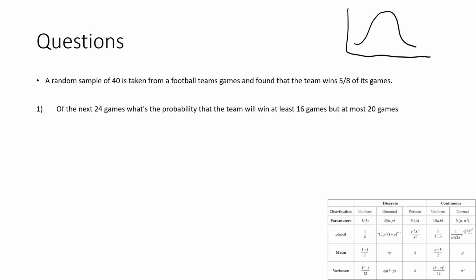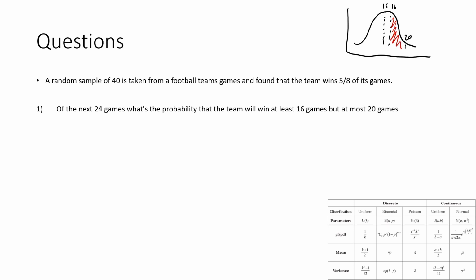So the team wins 5 out of 8 games and it's going to play 24 games, so it will win 15 games on average. What this question is asking me is the probability of the number of games won being between 16 and 20. It's asking for this range here.